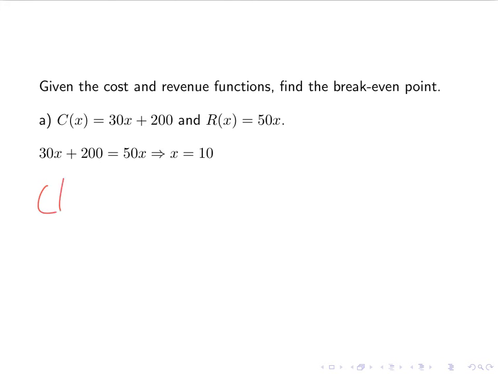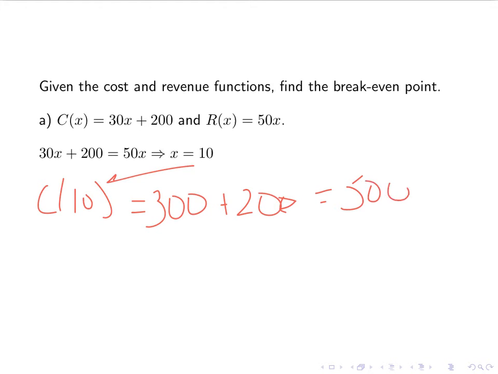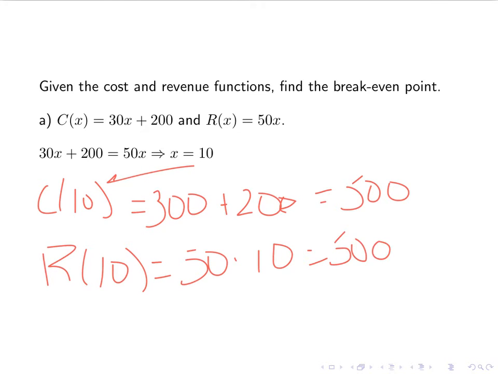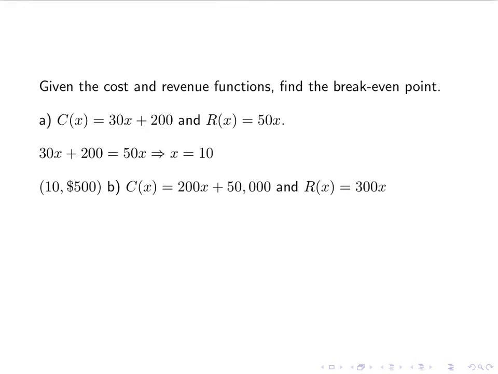So C of 10 is 30 times 10, which is 300, plus 200. So I get 500. If I plug it into R, I get 50 times 10, which is also 500. So they are the same, so that means my 10 is correct. And my answer, the break-even point, is 10, 500.